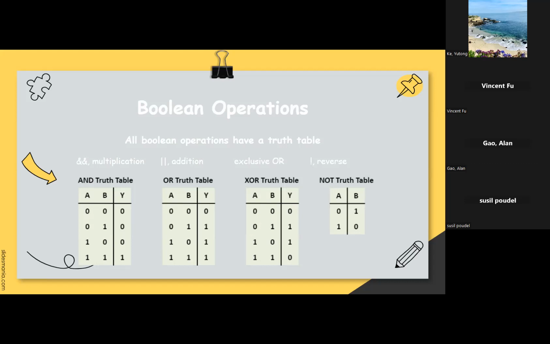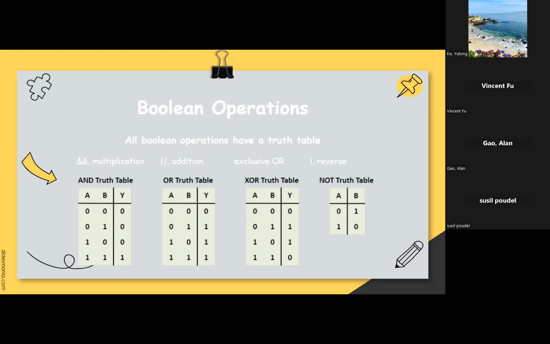We usually say 0 is false and 1 is true. So normally, if we look at this truth table, we would say if A and B are both true, then Y would also be true. You see how that makes a lot more sense and why it's the word AND, because A and B both have to be true in order for the outcome to be true.